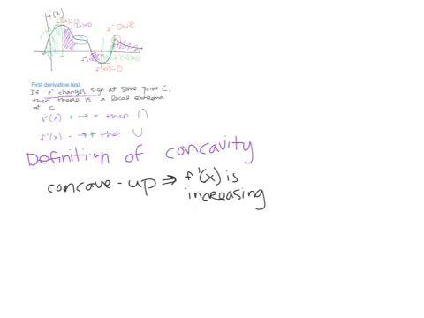Now think, on any graph, if your derivative is increasing, then the derivative of the derivative is positive. So if the derivative is increasing, that means the second derivative is positive. And in case we're unclear, concave up means it's opening upwards.